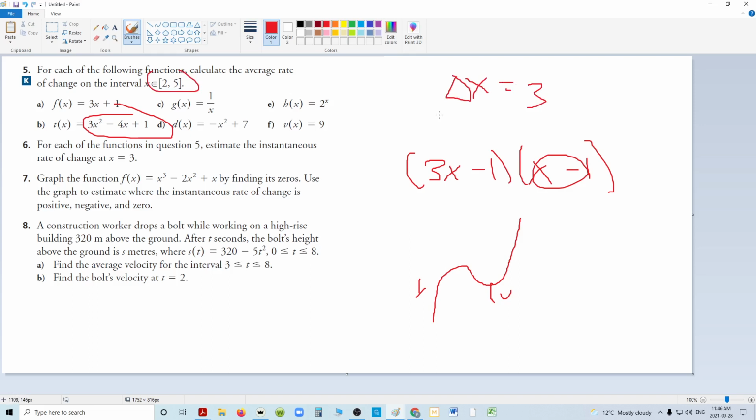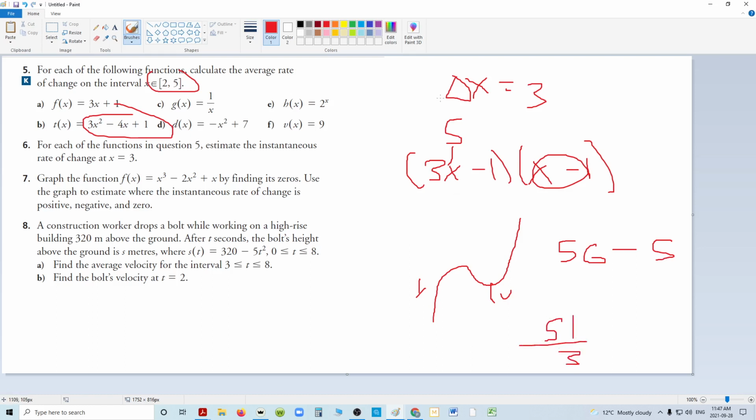So when I plug in 5 here, I get 15 minus 1, 14, times 4, 28, 56. Oh, 56 is my y2. When I plug in 2, I get 6 minus 1, 5, times 2 minus 1, 1. So it's minus 5. So I get 51 over 3.